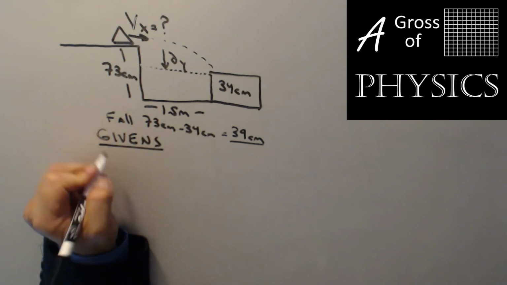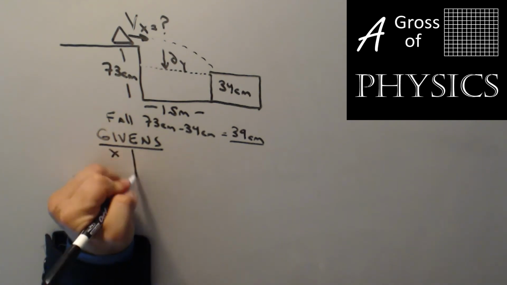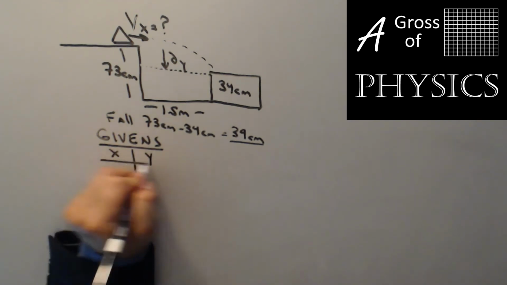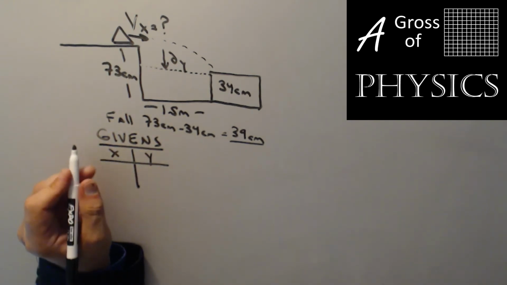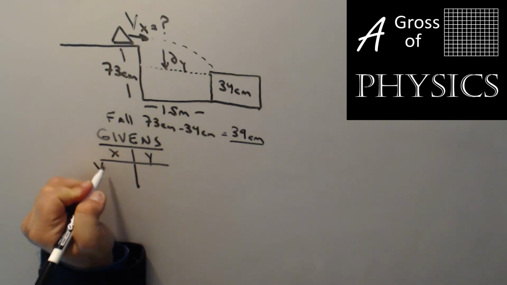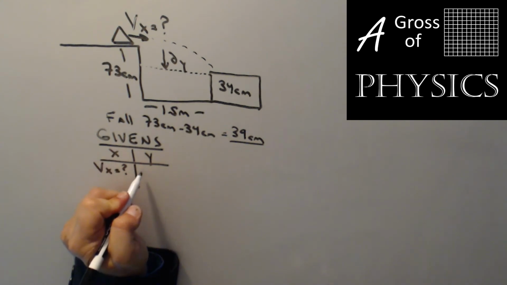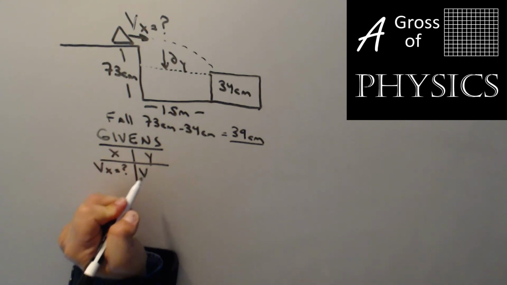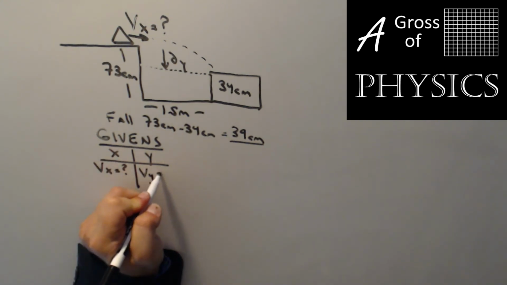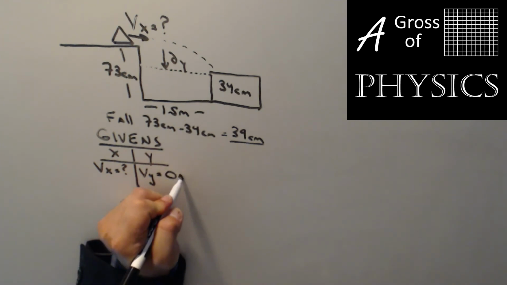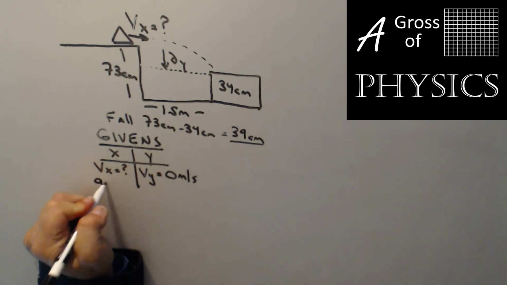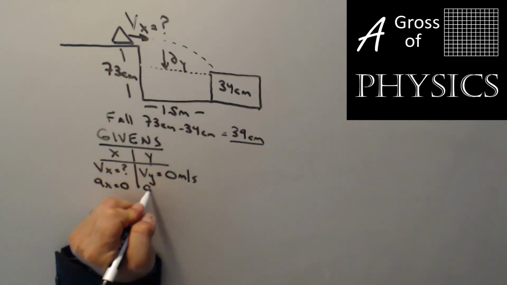Now, that being said, we could start with our givens. We actually don't know Vx in this case, so we're going to set up our givens list, x and y. I'm just going to write Vx question mark, just so I keep my givens list so the V's are together and the A's are together. Vy is 0 meters per second. Ax is 0.